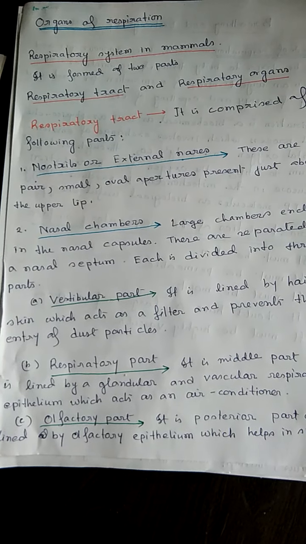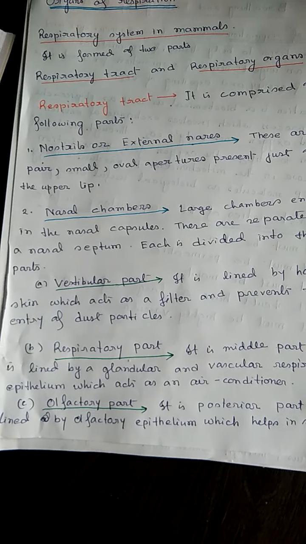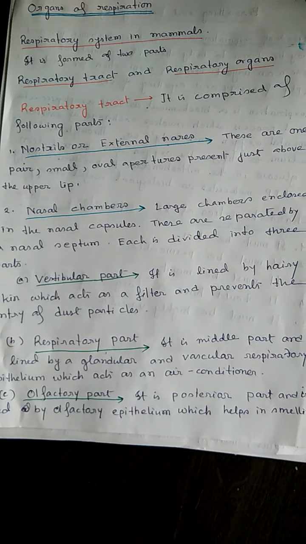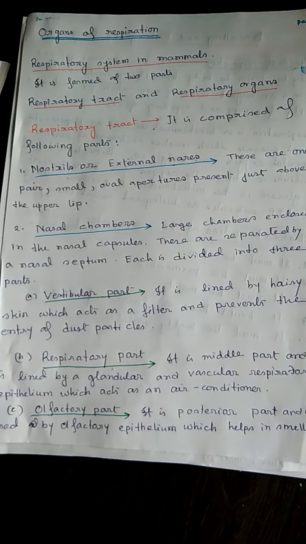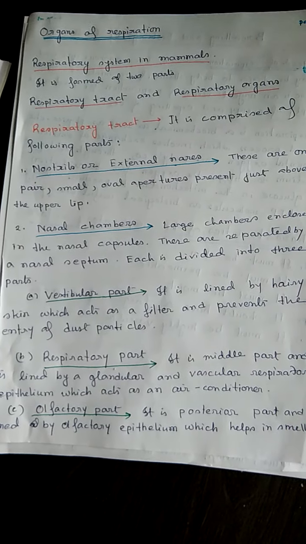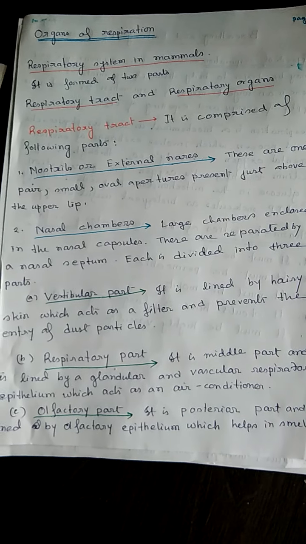Actually, the nasal chamber has a vestibular part, a respiratory part and an olfactory part. The vestibular part is lined by hairy skin which acts as a filter. It prevents dust from entering into the lungs.